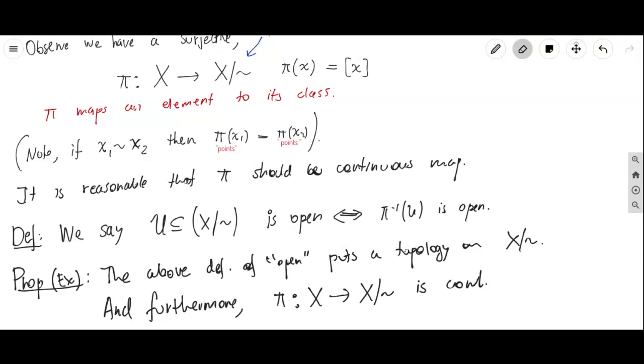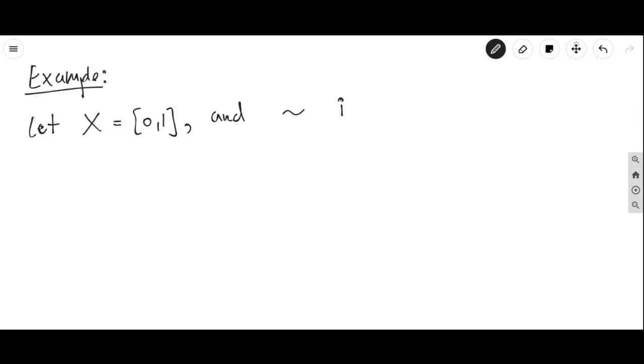And I want to look at some examples. So let's look at this very, very easy example, and then we'll look at more interesting examples. So here's an example. Let X be the closed unit interval, and tilde is defined as follows.